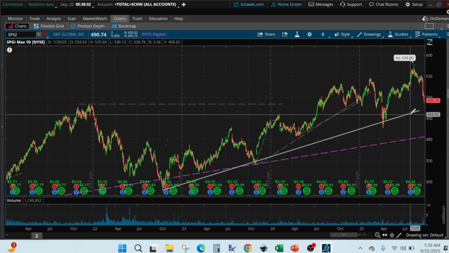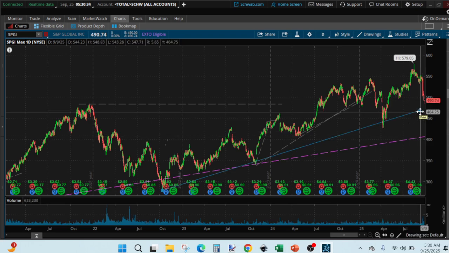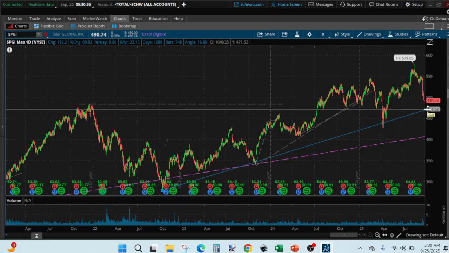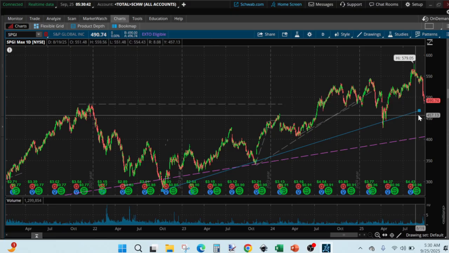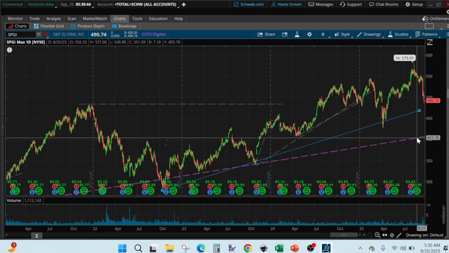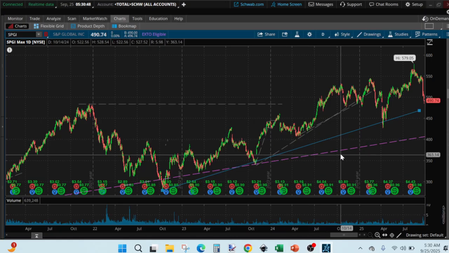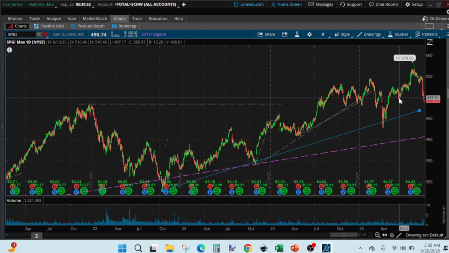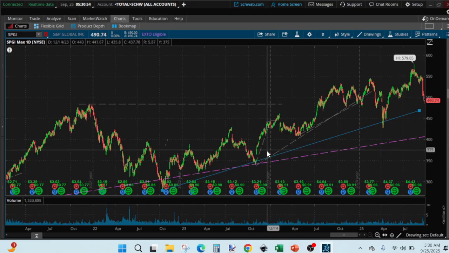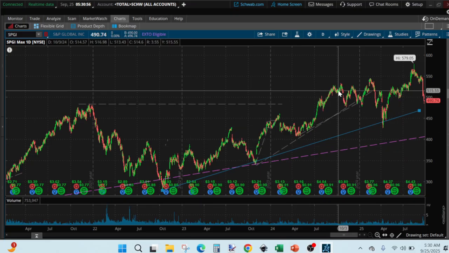There is this other support line that is closer to where the price is right now, so we don't know if it's going to rest on this one and start going up from there, or if it's going to come down from here to here. But this purple line is longer than this one, so we are just going to keep observing it. And so yeah, that is pretty much what we do.